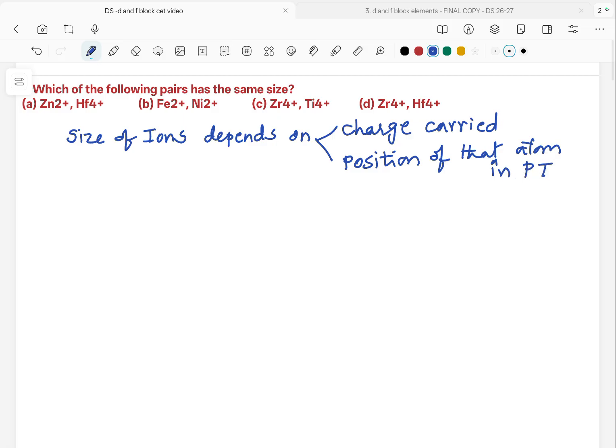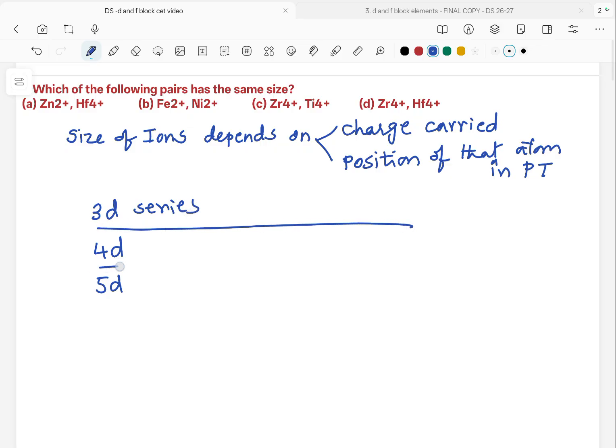Now let's talk about the size of these ions here given. When we observe these ions, they all belong to D block, like 3D, 4D and 5D series elements.